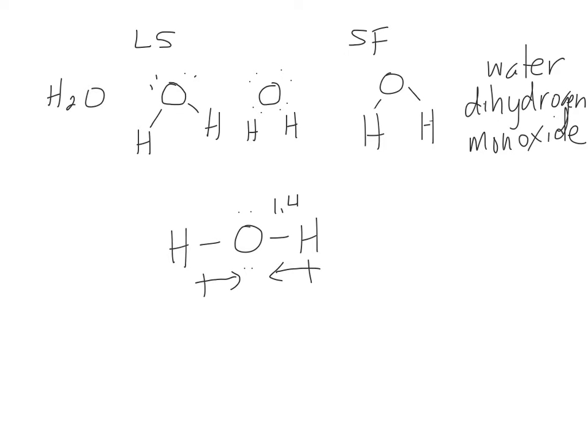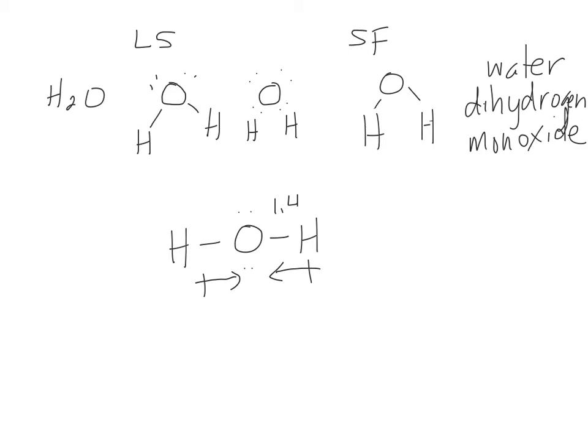So if I am 1.4 to the left, and I am 1.4 to the right, if I am the hydrogen over here, I'm going to add, and I end up here, but then I've got the other arrow going that way, so I end up where I started. If you end up where you start, you've got no net dipole, you're non-polar.